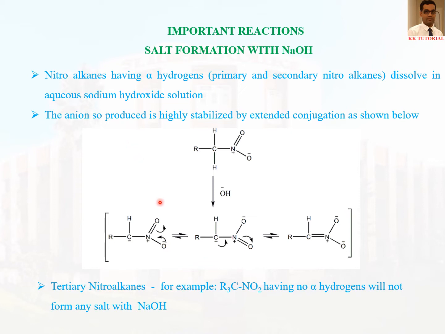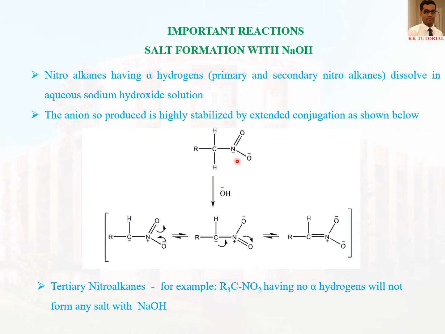That means the remaining anion, in this case carbanion, if it is stabilized, then that compound can easily donate H plus. So here nitroalkanes having alpha hydrogens are acidic in nature because the carbanion so produced after releasing its H plus is highly stabilized by extended conjugation as shown below.